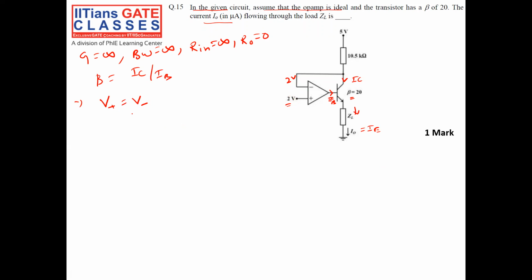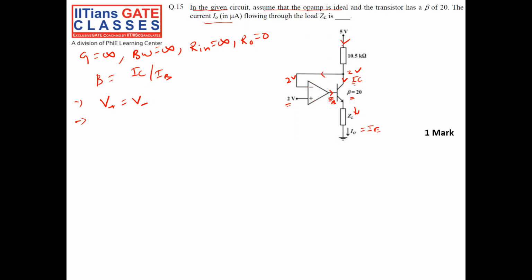Since this is 2 volt, here also I am getting 2 volt. So the current flowing through the 10.5 kilo ohm resistor is nothing but my collector current, because my op-amp is ideal and the input impedance is infinity, so there is no current into this branch.